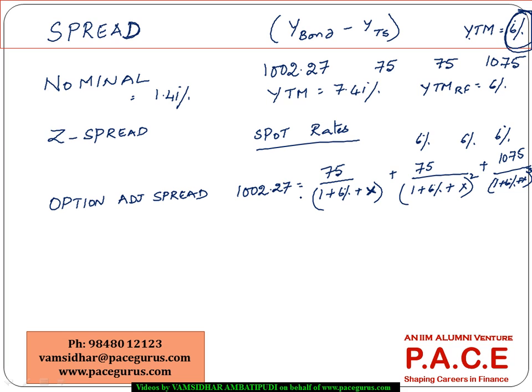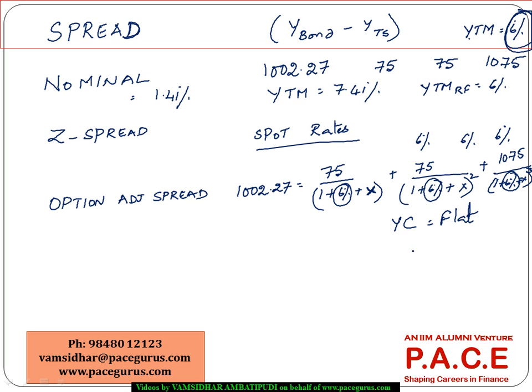So let me assume that for this bond itself, if the spot rate is the same for each of the years, which means the yield curve is flat, then there is not much of a difference between a zero volatility spread and a nominal spread.